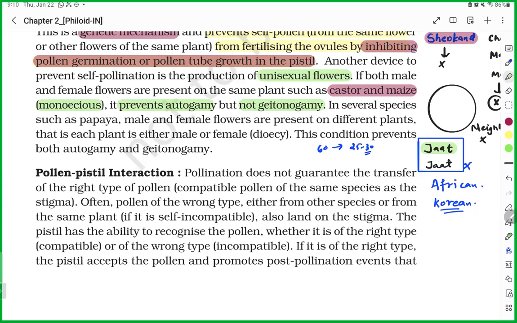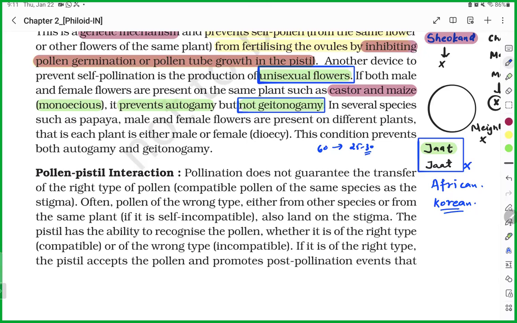If both male and female flowers are present on the same plant, as in castor and maize, remember, castor and maize have unisexual flowers, not unisexual plants. A unisexual plant means papaya, where male and female flowers are present on different plants. Here it is the same plant but unisexual flowers. It prevents autogamy but not geitonogamy, because between two different flowers geitonogamy can happen.